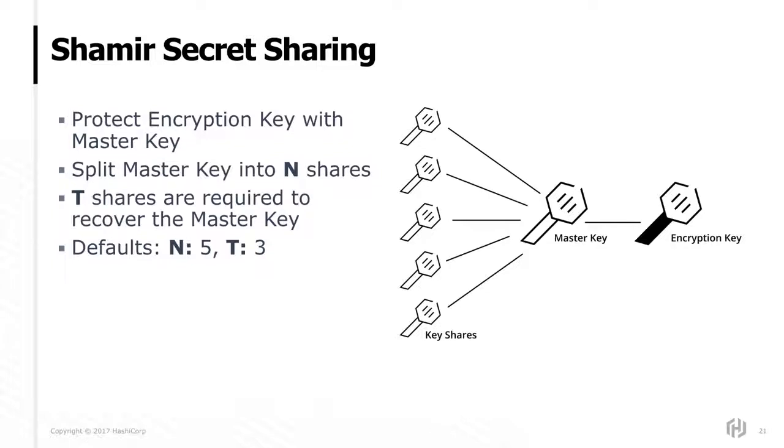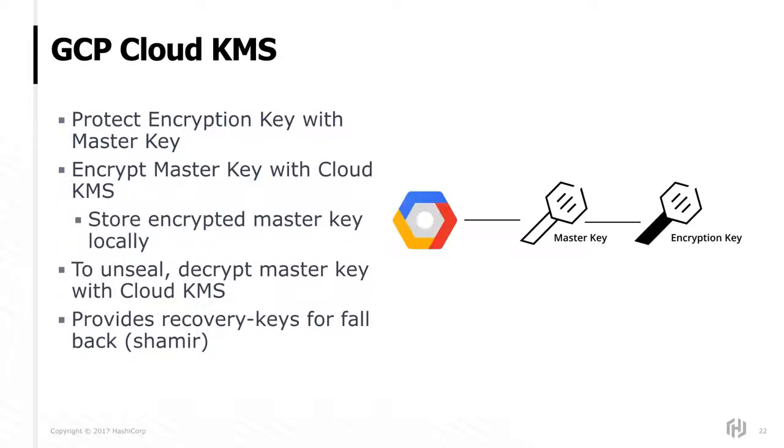And so when unsealing, at least 3 of your key holders, which are generally people throughout your organization who own one of these key shares, need to come together and provide their key share to Vault. And once Vault gets 3 of these key shares, it's able to decrypt the master key, which can then decrypt the encryption key and then continue normal vault operation.